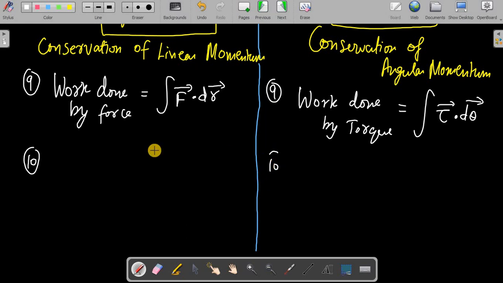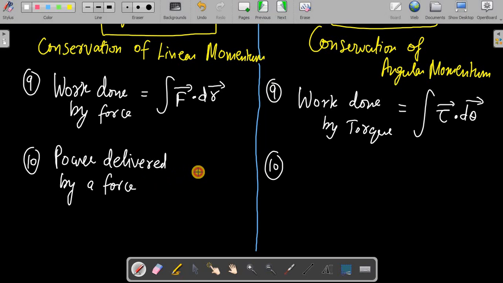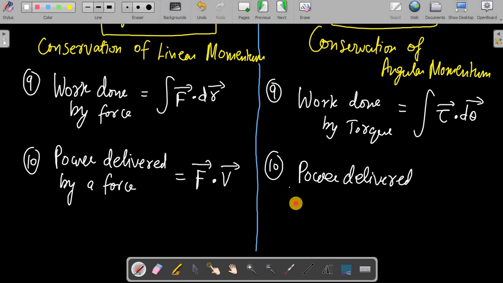10th, power delivered by a force is force dot velocity vector, and here power delivered by a torque is torque dot angular velocity.